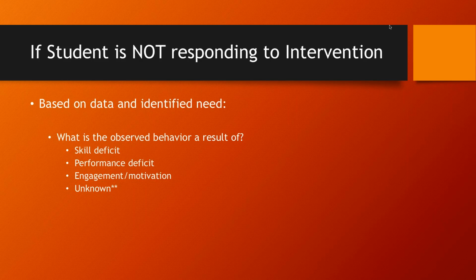And if we still really can't get a good picture based on the data points that we have, unknown also becomes a trigger for moving into that brief FBA to slow down our processing, our thinking, and start trying to analyze when the problem behaviors are occurring, what happens just before it, what happens immediately after it, and how is it being maintained by the setting.